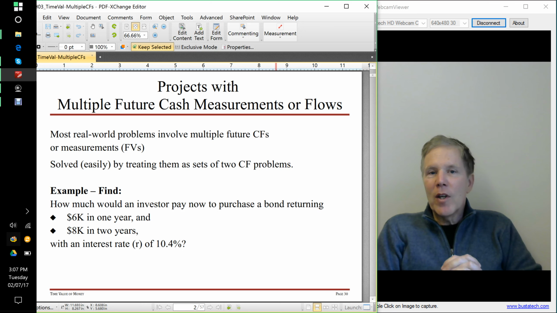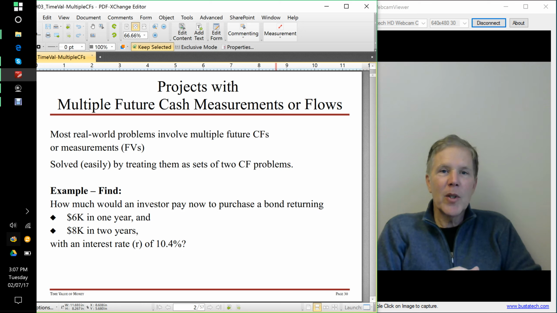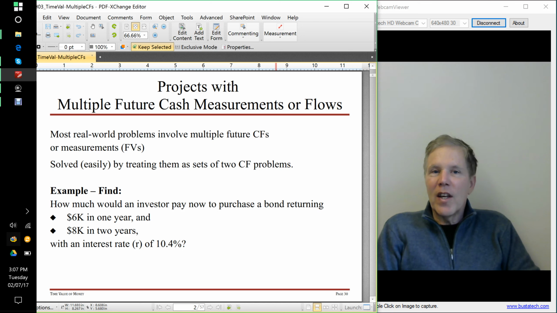So if you want to specialize in two cash flow or two measurement time projects, you're pretty much done with this chapter. But for the rest of us, we're going to have to look at slightly more complicated things, projects that involve a variety of cash flows or times when we want to measure cash in an account.